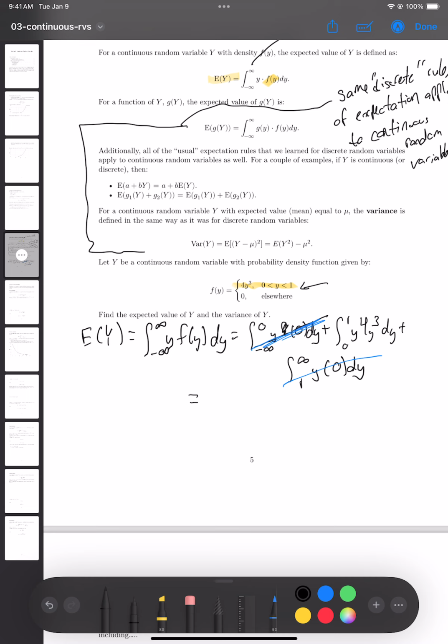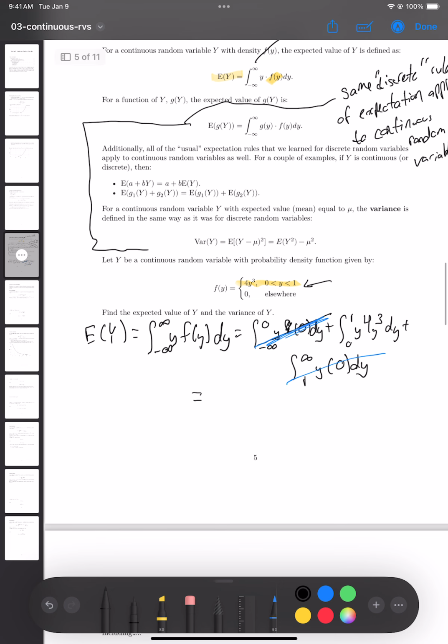This is an easy enough integral that you can do it by hand if you wanted to. So 4/5 y to the 5th, evaluated from 0 to 1, gives you 4/5 as our expected value.